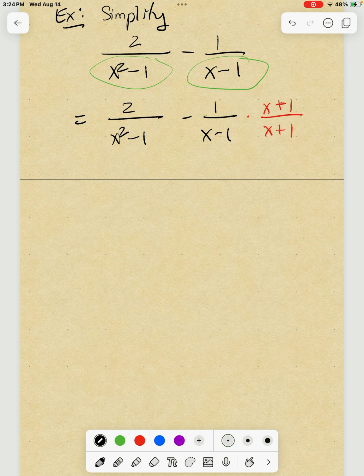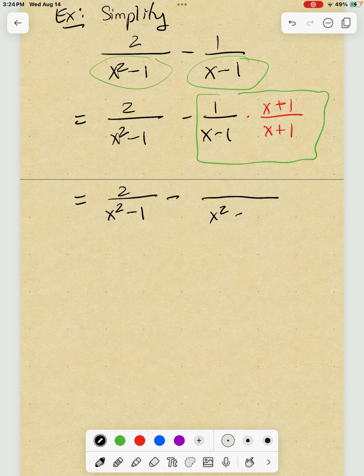And now what we need to do is figure out what this is. So I have a minus, and then on the bottom I'm going to have an x squared minus 1. And on the top, I'm going to have a 1 times x plus 1. That's just x plus 1.